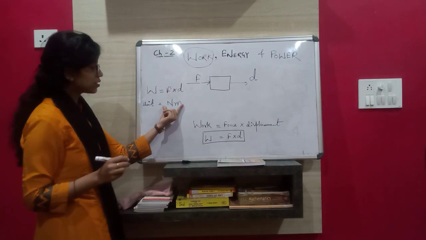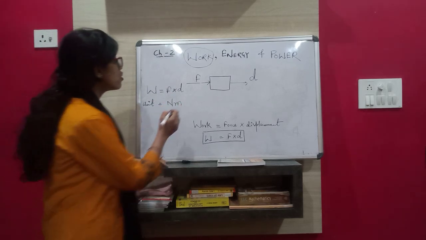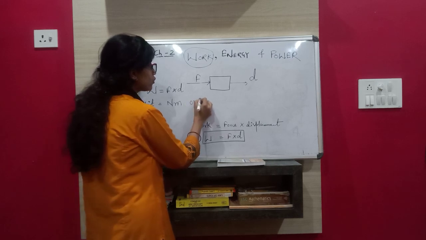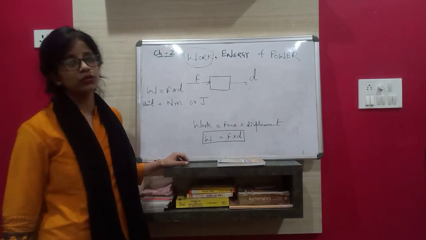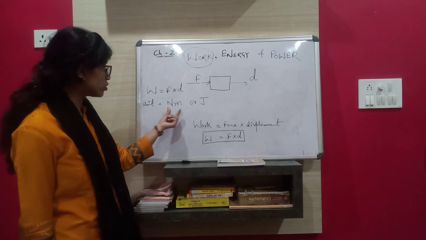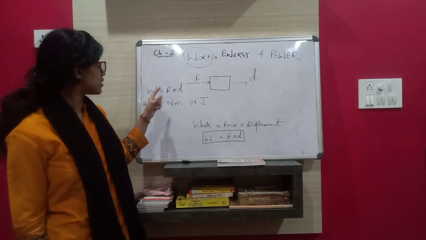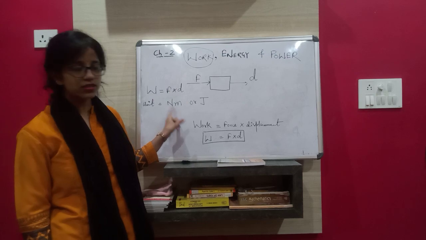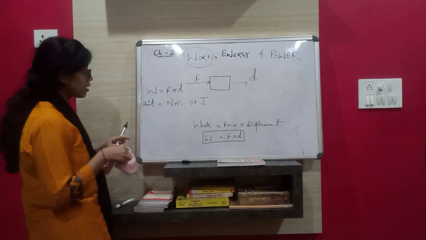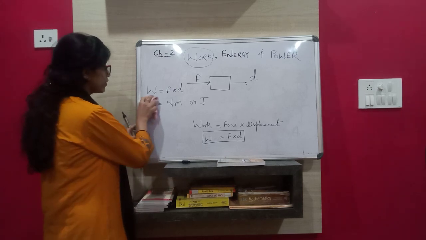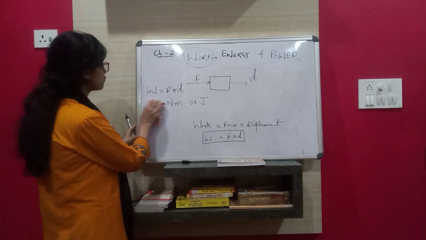So the unit is either Newton meter or also joule. We already know that the unit of work done is joule. It can also be Newton into meter, as F into D. We can write this unit. We already have seen the mathematical expression for that.